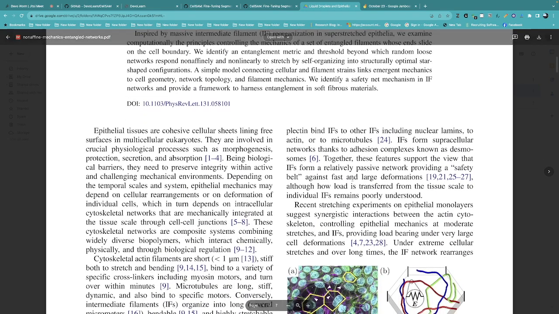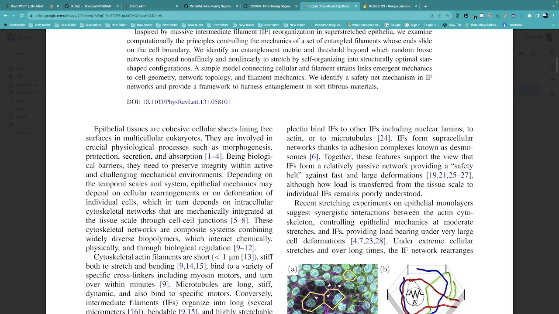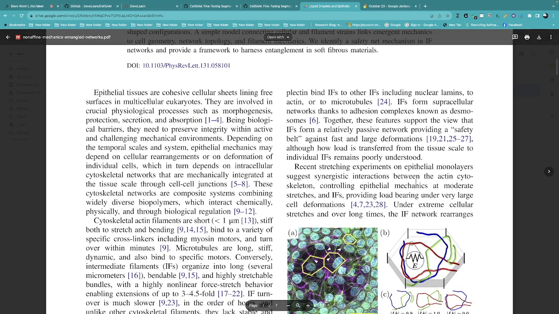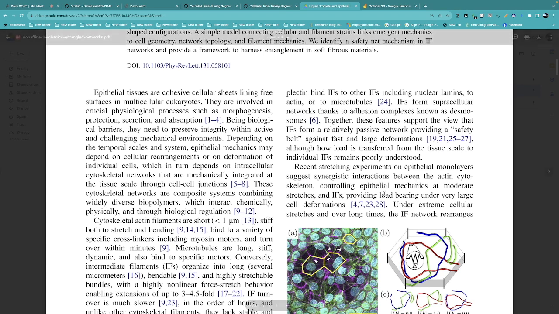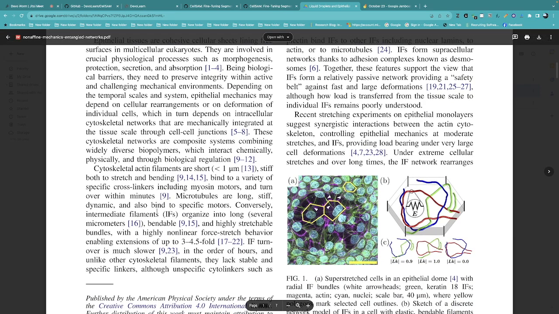And then they talk about some stretching experiments in epithelial monolayers. This suggests synergistic interactions between the actin cytoskeleton, controlling epithelial mechanics at moderate stretches, and these IFs, providing load-bearing at very large cell deformations. So they might likely play a role in tensegrity, these intermediate filaments.